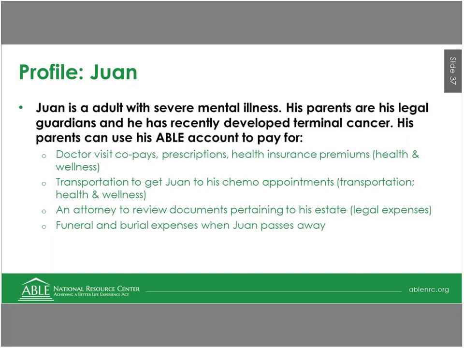His parents can use his ABLE account to pay for the following: doctor visit copays, prescriptions, health insurance premiums, that would be under health and wellness; transportation to get Juan to his chemo appointments, transportation, health and wellness; an attorney to review documents pertaining to his estate, legal expenses; and in the unfortunate circumstance that Juan passes away as a result of his cancer, the funds in his ABLE account could be used for his funeral and burial expenses.